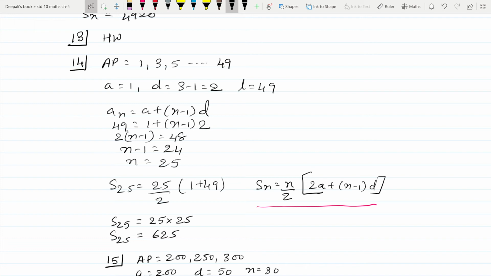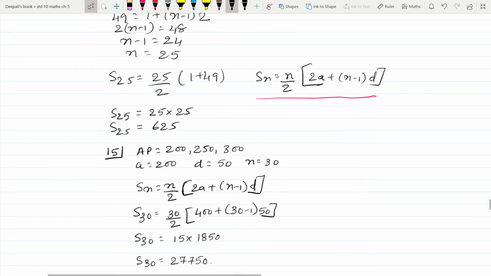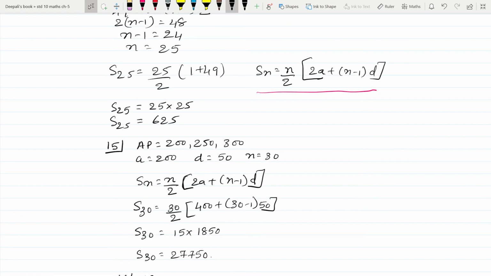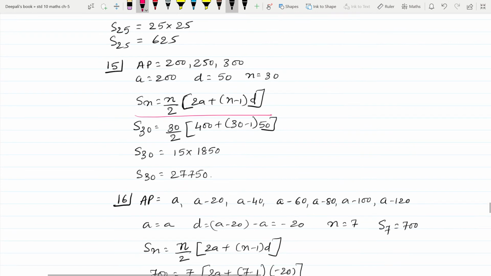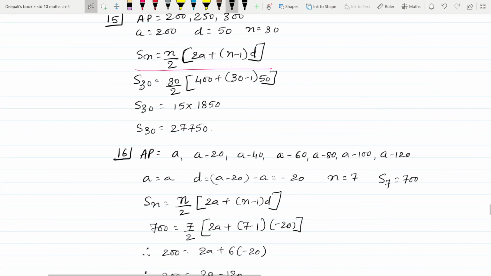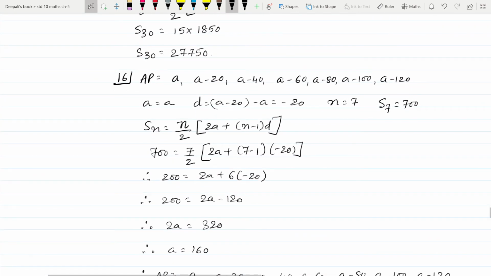How much money the contractor has to pay as penalty if he has delayed the work for 30 days? Very simple. AP is 200, 250, 300. A is 200, D is 50, N is 30. Replace the value in the formula Sn is equal to n upon 2 into 2a plus n minus 1 into d, and you get your answer. Let us go to the 16th sum now.